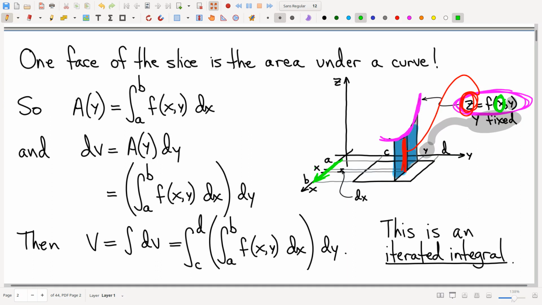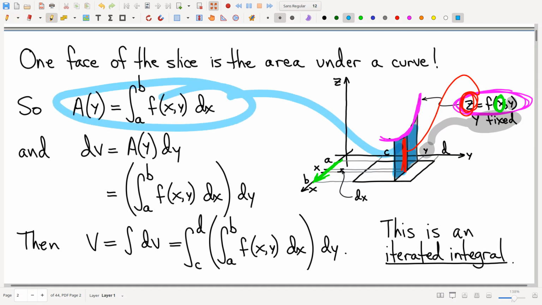That's a graph. So, yay, we win. This cross-sectional area is an integral. This area right here is that integral right there.